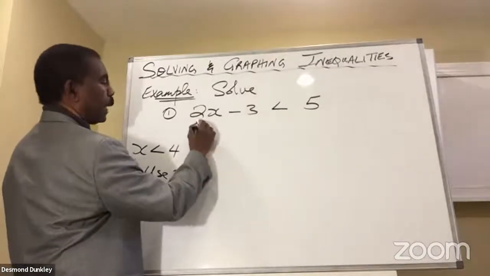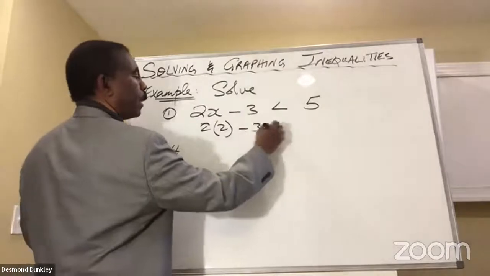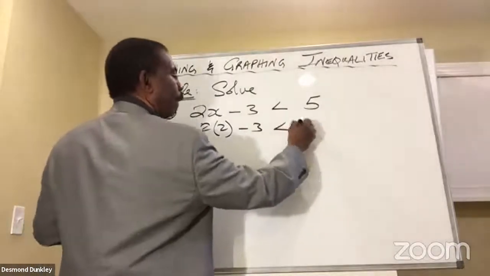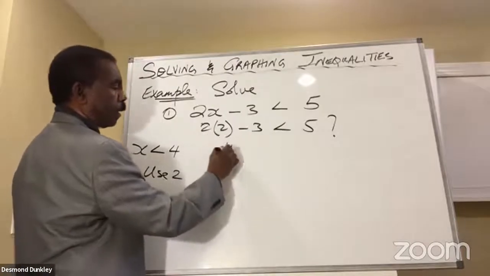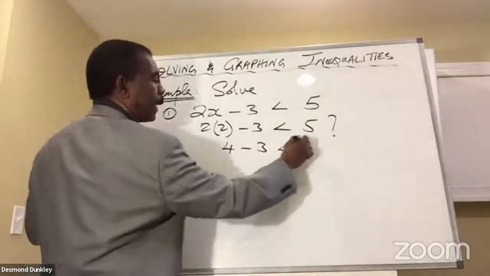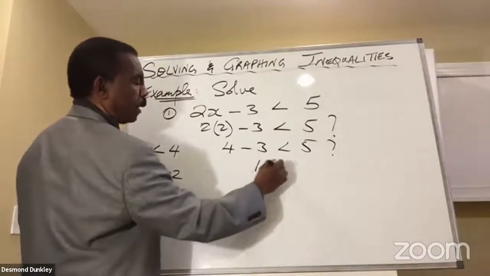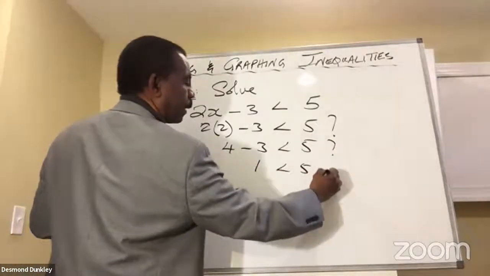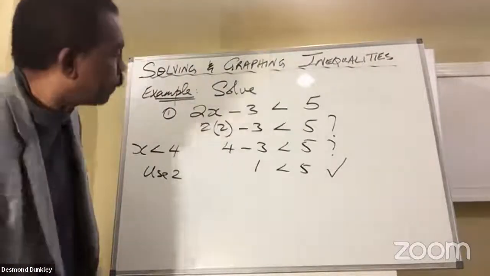Well, 2 times 2 minus 3, is that less than 5? Let's find out. 2 times 2 is 4, minus 3. Is that less than 5? 4 minus 3 is 1. Is 1 less than 5? Yes, it is. So that's true.